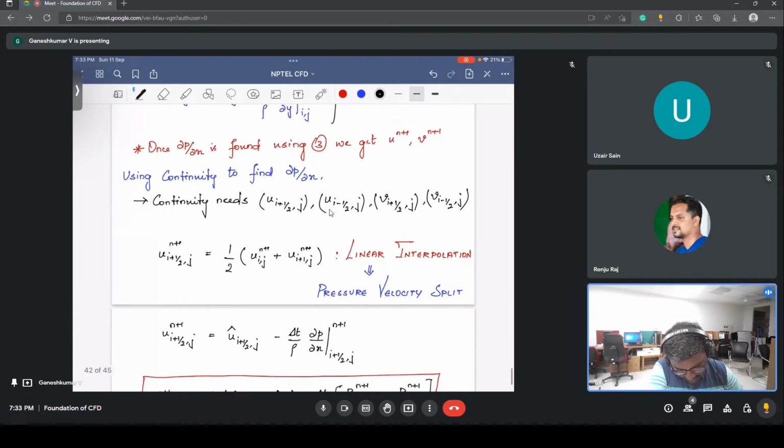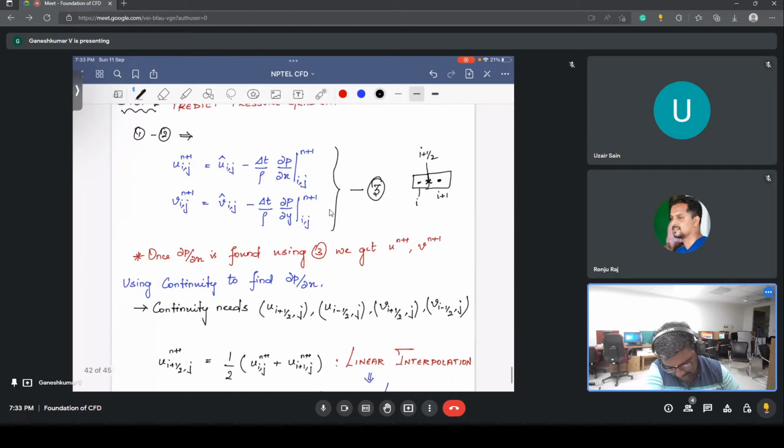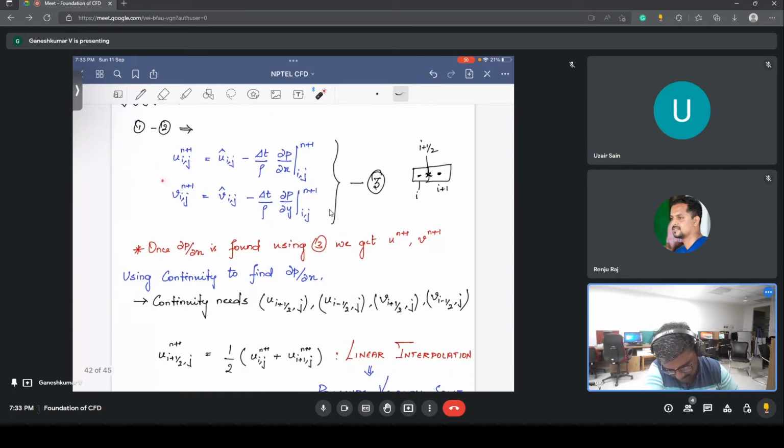What they did was, I have a new time step equation in terms of predicted velocity and pressure gradient. I need to find facial velocities, right? So instead of using that time step's velocity, they used the predicted velocity and pressure gradient to do that.